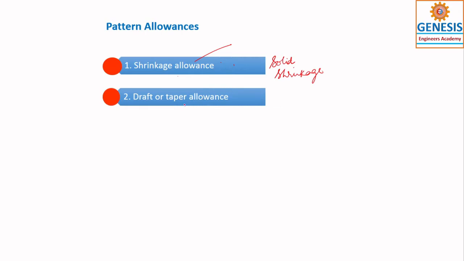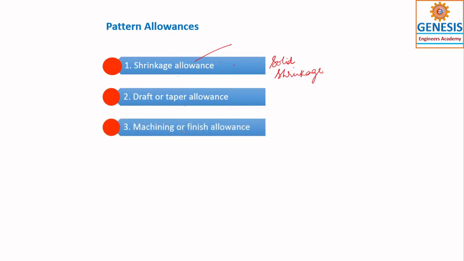This is the draft or taper allowance that is used to withdraw the pattern from the mold cavity, so that the mold cavity will not get damaged. And this is called machining or finishing allowance.